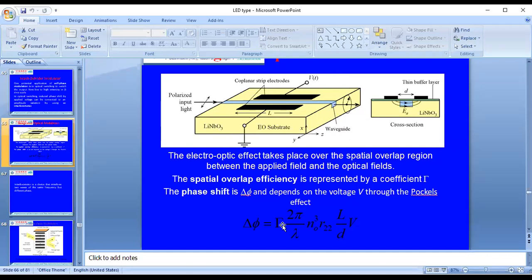Here the phase shift will be delta phi, and this entire phase shift depends on the applied voltage V. Through the Pockels effect, we are going to analyze the phase shift, which equals tau into 2 pi by lambda n naught cube r22 into L by D into V. V is the applied voltage, L is the length of the crystal, D is the distance between the two coplanar electrodes, lambda is the wavelength, n is the refractive index, and tau is the spatial overlap efficiency, which is represented by the coefficient.